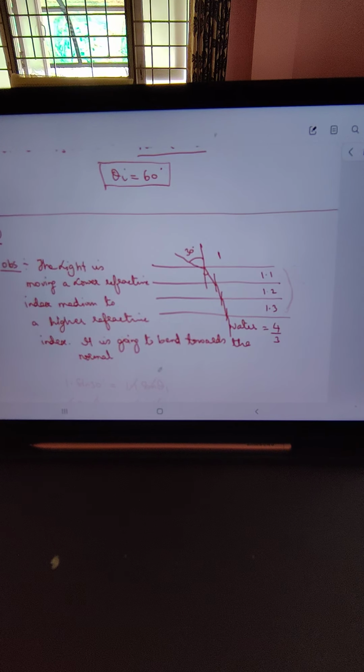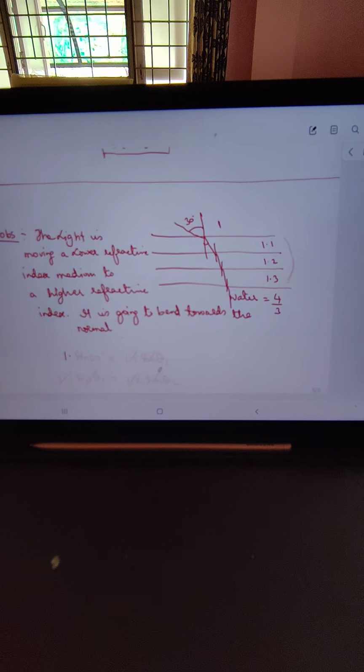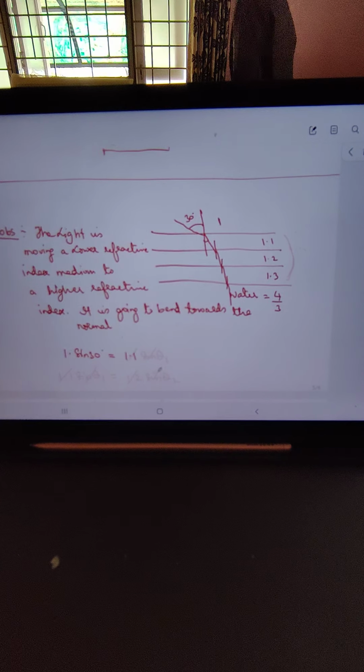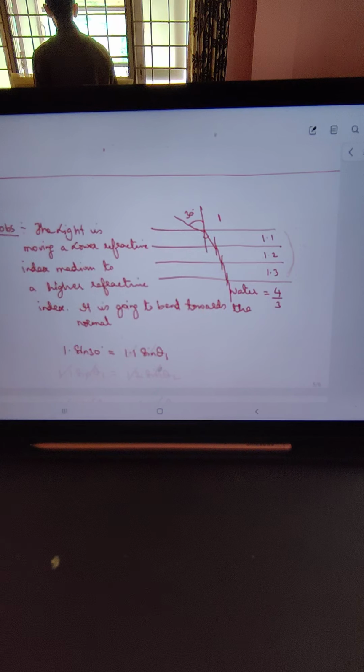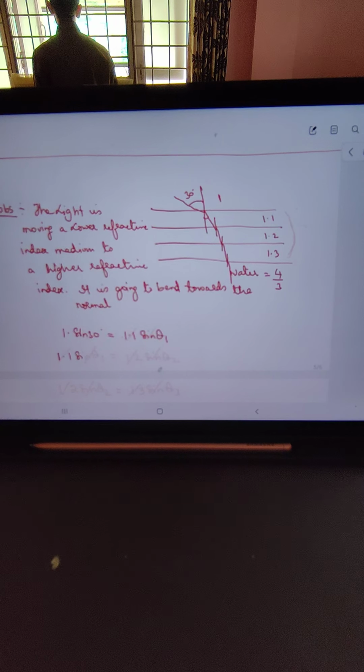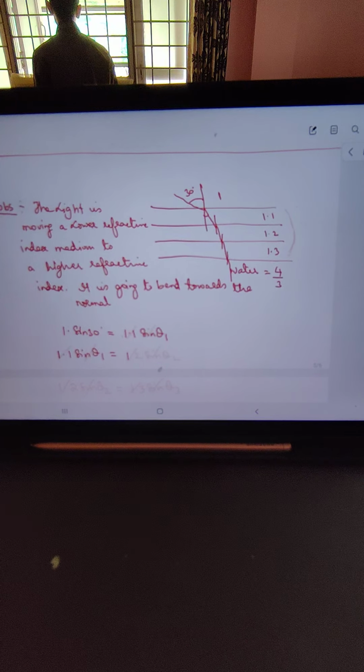Now if I apply Snell's law, 1 into sine 30 is equal to 1.1 into sine theta 1. So now do I need to keep applying Snell's law in each of these medium, or it doesn't matter? So let us first anyway apply this. So 1.1 into sine theta 1 is equal to 1.2 into sine theta 2.